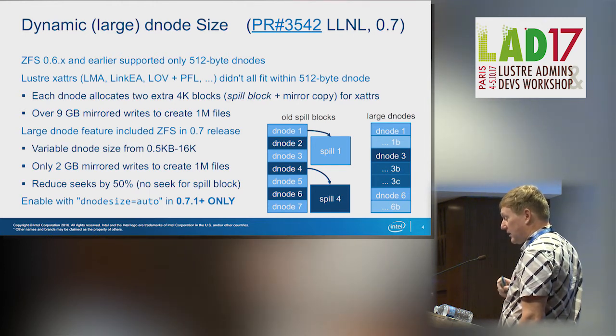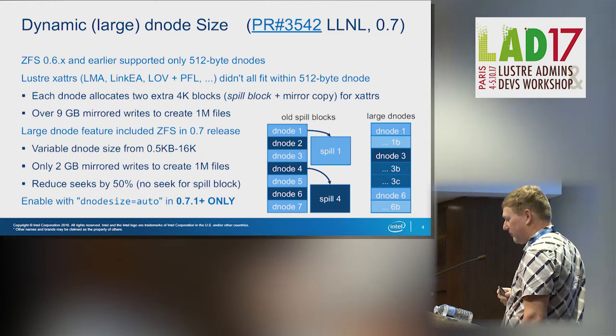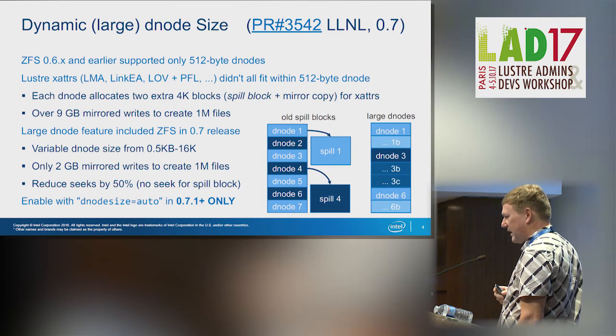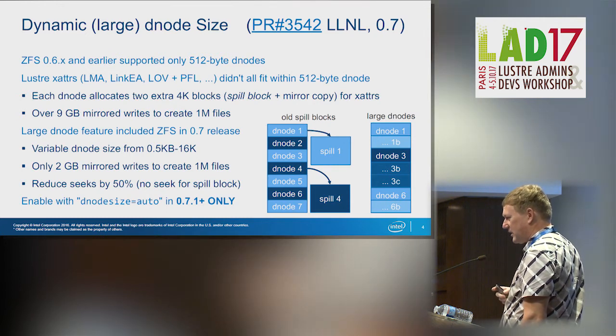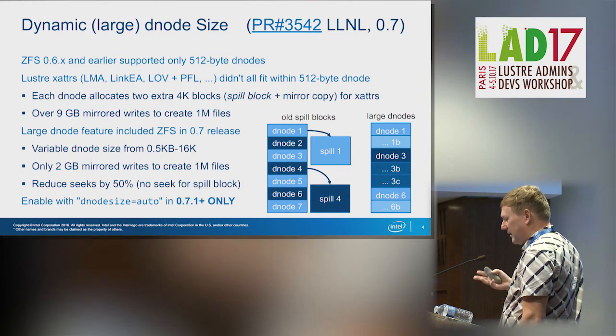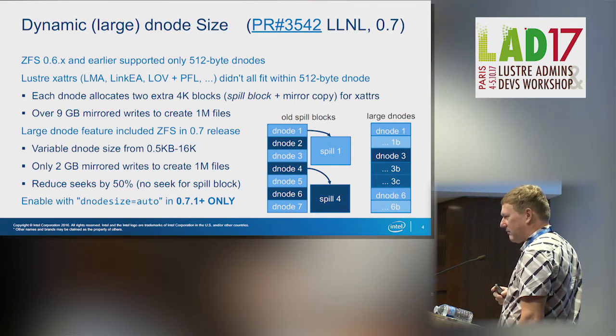There was actually a fairly serious bug in ZFS 0.7.0 that the interaction between large dnodes and some of the improved allocation performance resulted in file system corruption.